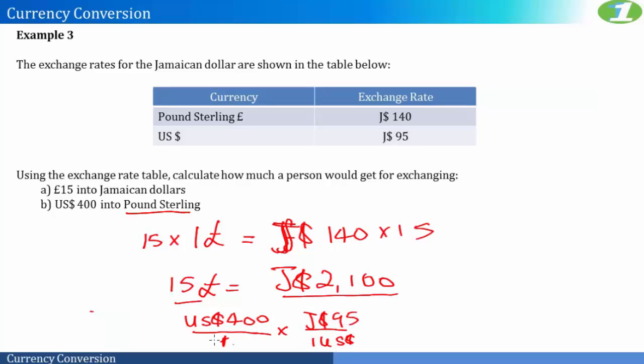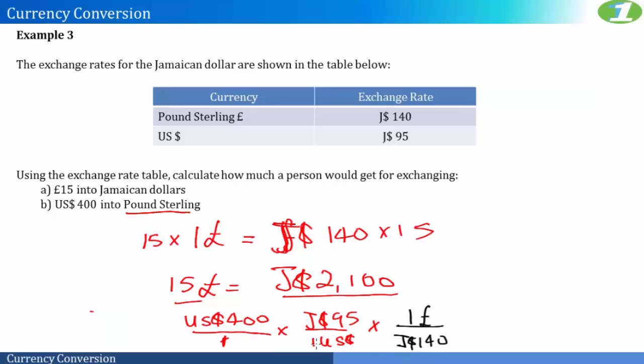So here, your US dollar would cancel. Then, given that I would end up with Jamaican dollars, I need to multiply again to get rid of my Jamaican dollars. So we need US to pounds, and I need something that links to pounds. Now, I know that Jamaican $140 is £1.